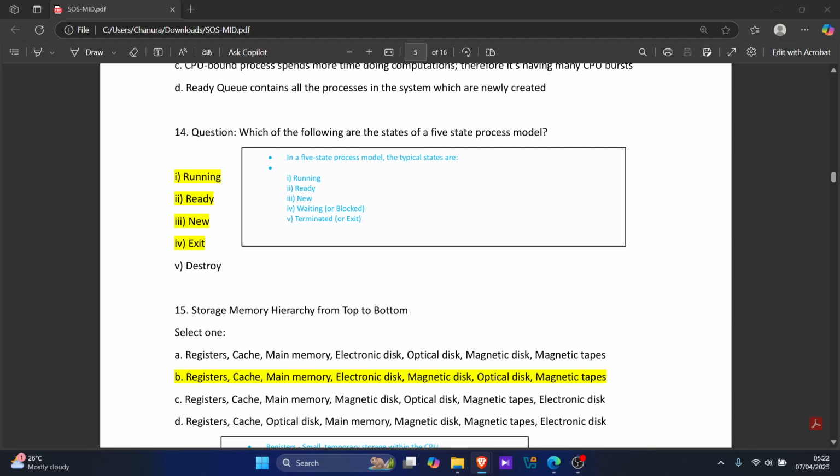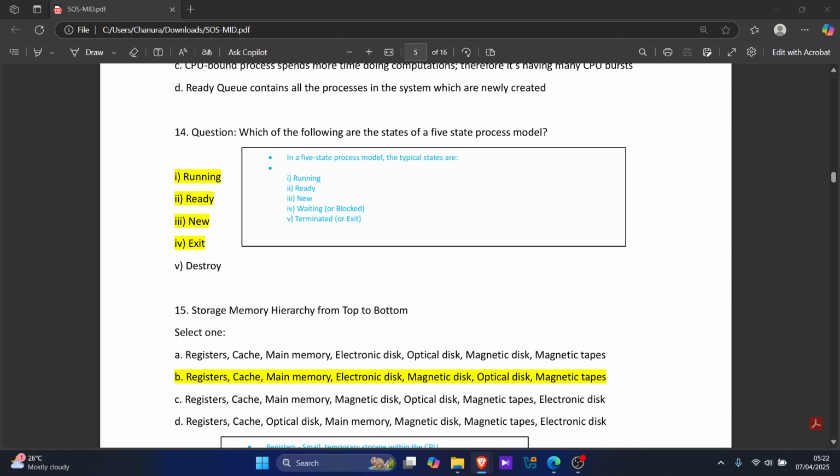Let me check another source. For example, in the 5-state process model, the states are new, ready, running, blocked, exit. Therefore, among the options given, destroy is not a state. So the correct options are new, ready, running, exit. But that's 4.